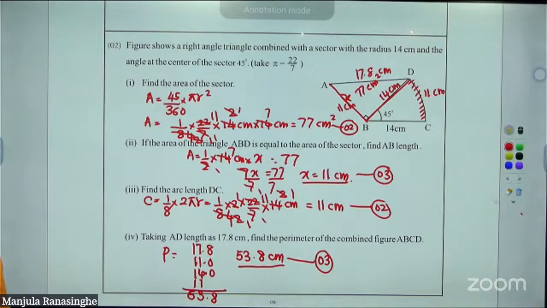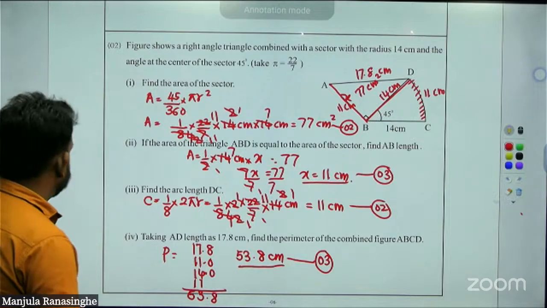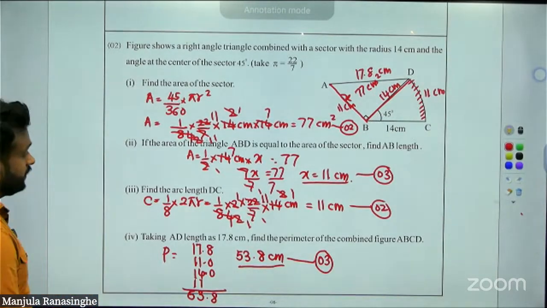Perimeter of the plane figure. Okay, right. Now we are moving to the next question.